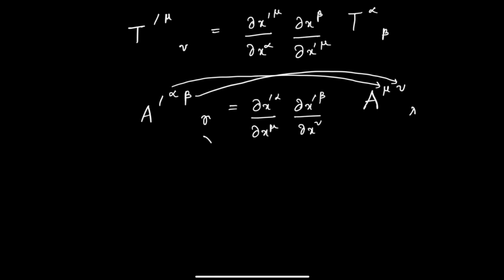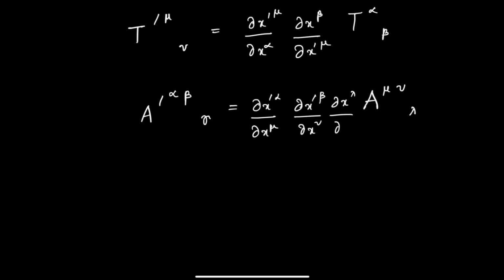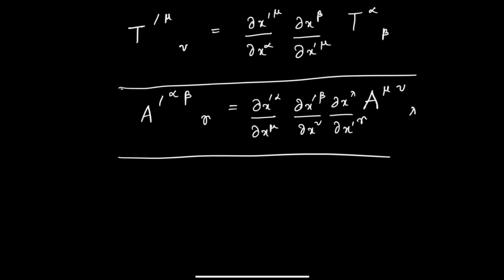Now gamma is covariant and it is going to lambda, so I can write the partial derivative of x lambda with respect to x prime gamma. So this is a mixed tensor of rank 3. This is how you write mixed tensors.